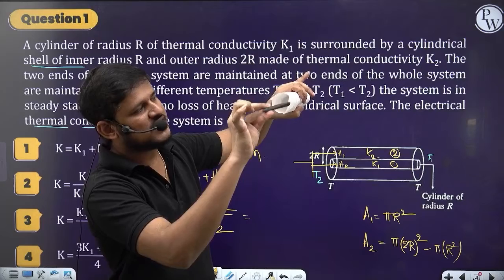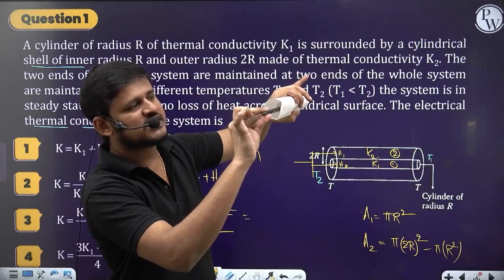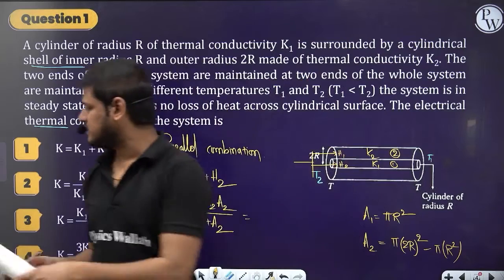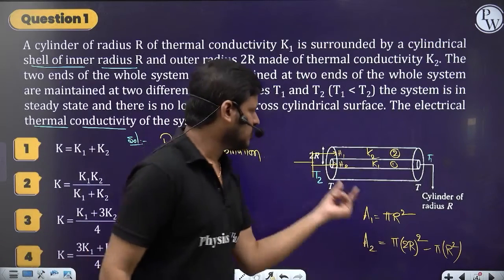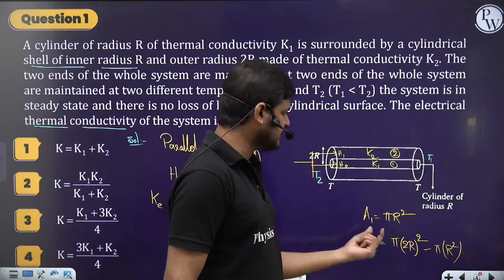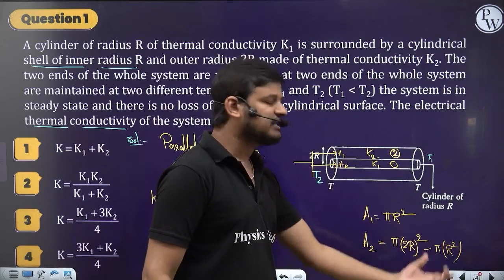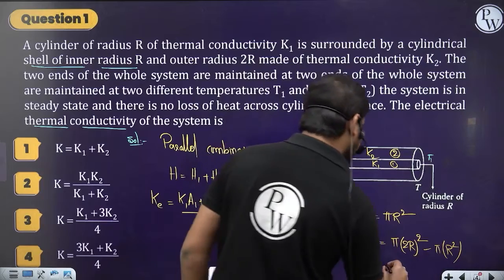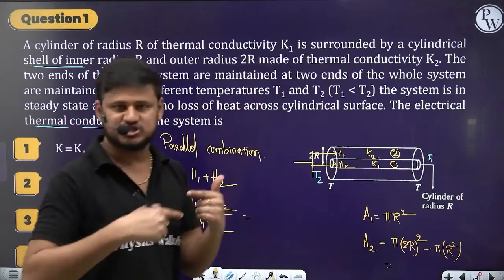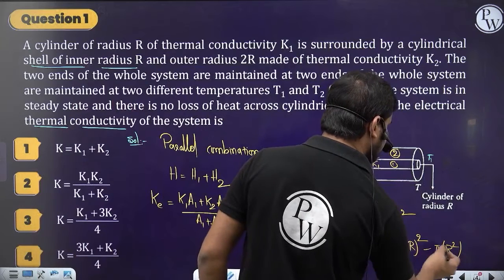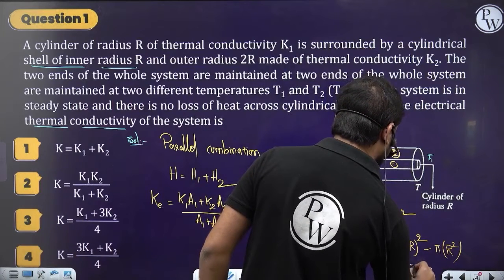We take the total area minus the inner conductor area, so that you get the area of the remaining part. That's what I am doing. The total area of the given cylinder is pi into 2r whole square minus the inner conductor area pi r square. If you subtract that, we get the remaining portion of the cylindrical shell, which is 4 pi r square minus pi r square, which is 3 pi r square.